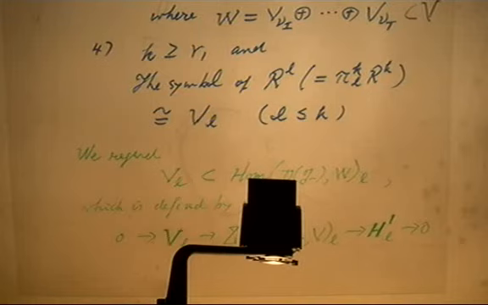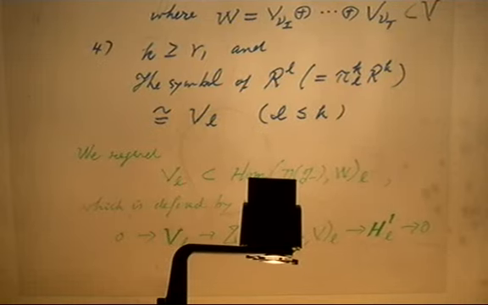And we regard VL as contained in these spaces. And VL itself is almost the definition of HIL. So we read this as VL being defined by these cohomology groups.